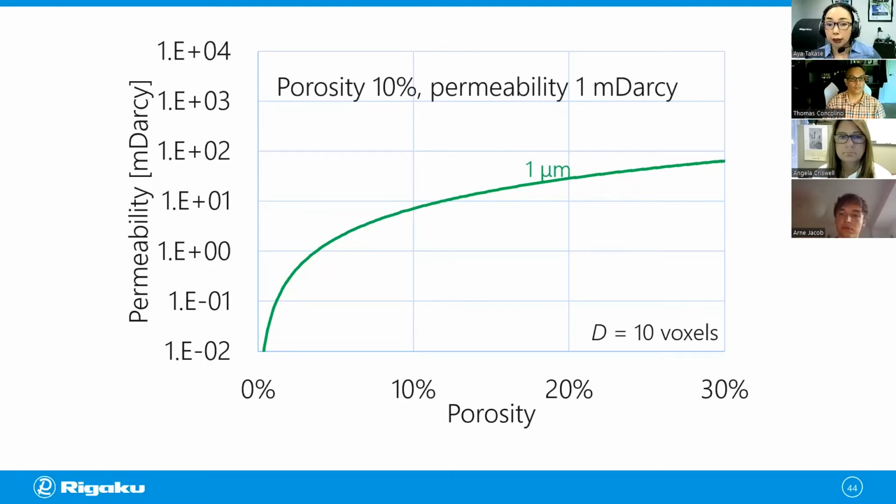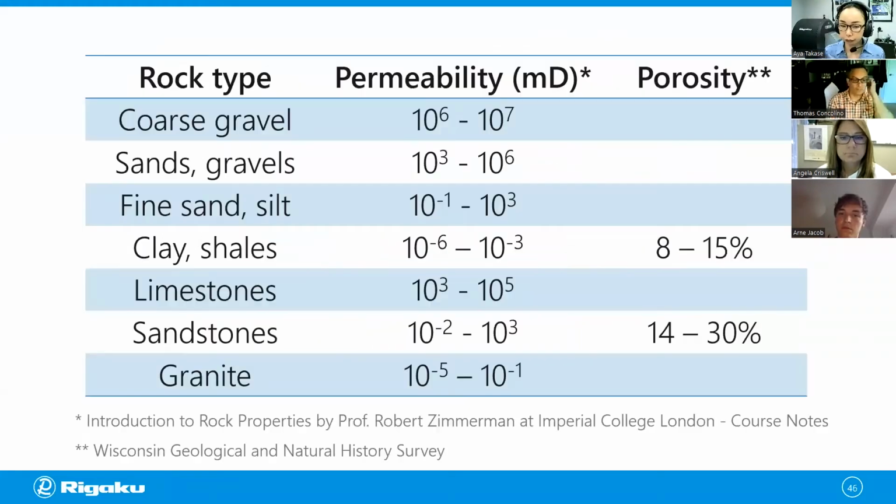If the porosity is 10% and the permeability is 1 millidarcy instead, then that data point is going to sit here. And that means 1 micron is not a high enough resolution. You're going to need something closer to a 0.1 submicron resolution scan. So this is how you can use this plot to determine if your scan is good enough or not, as far as the resolution goes.